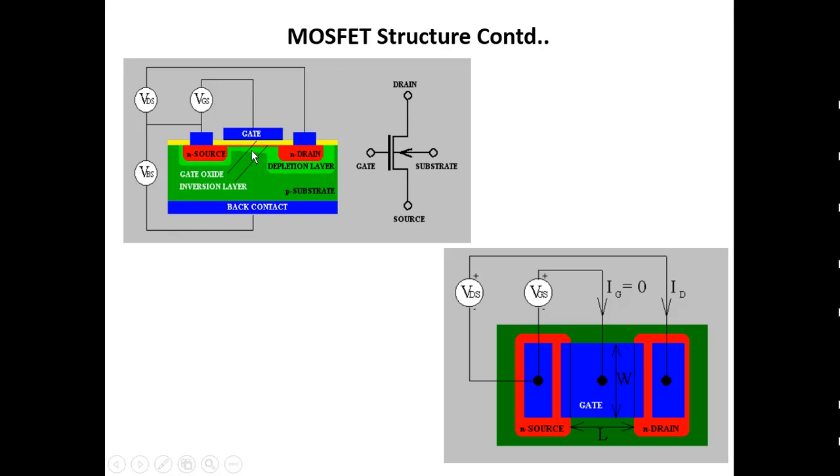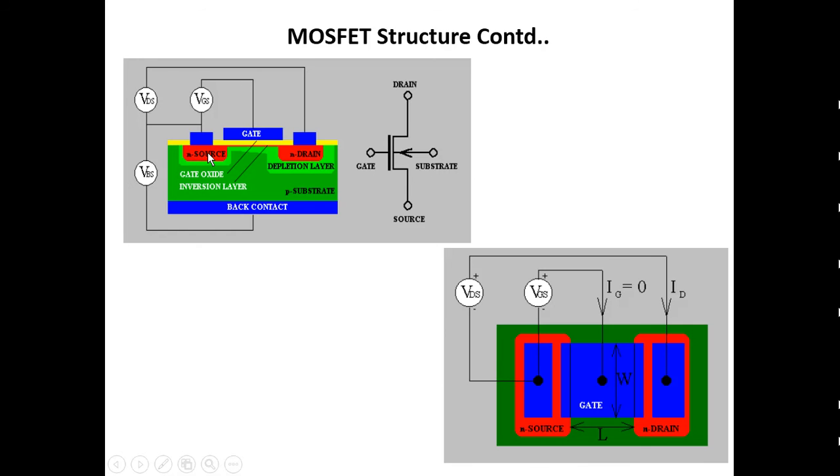So what happens here? This is the P-type substrate, and here this is the gate oxide material, and this is the gate, this metallic compound. Usually this N source is here. This is the field of the source terminal, so the source is here.